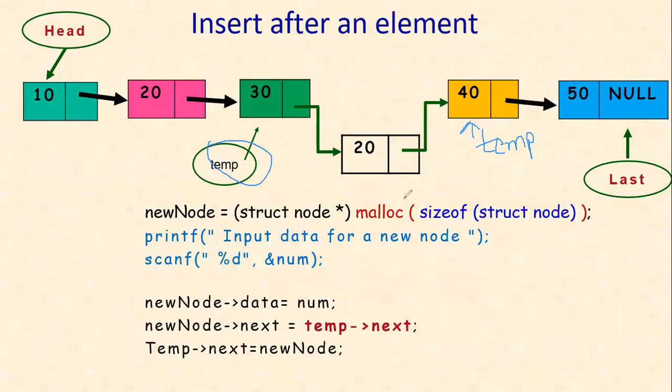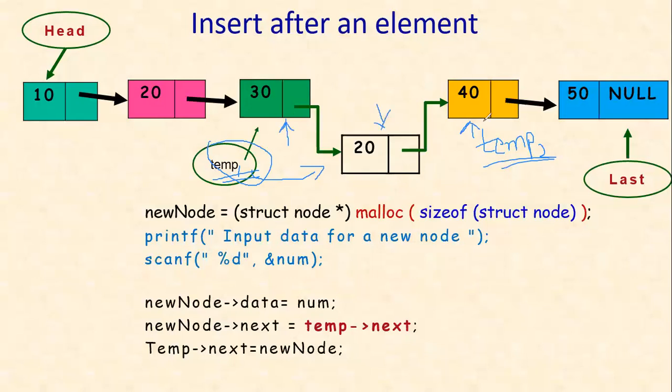Okay, that is why whenever you want to put an element before an element, you have to secure both addresses. You just keep one as temp1 and the other as temp2 and secure both addresses, then you can do this using temp1. Otherwise, previous node and current node, you can name them in whatever way you want, but you have to secure the previous node address for sure to insert a new element in the middle.